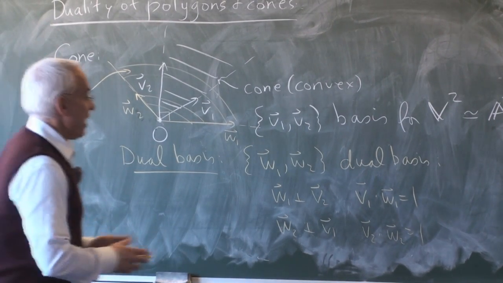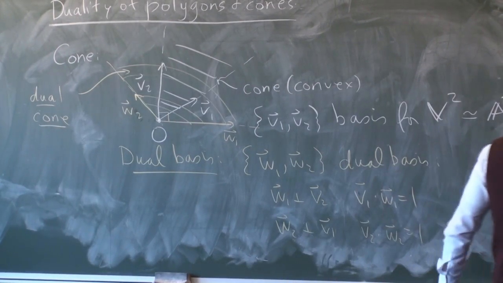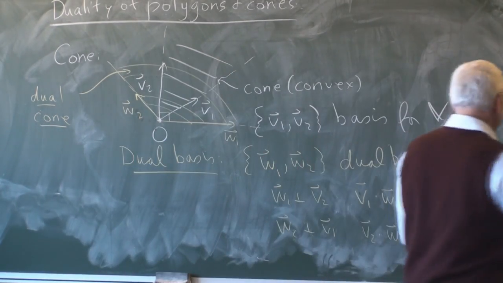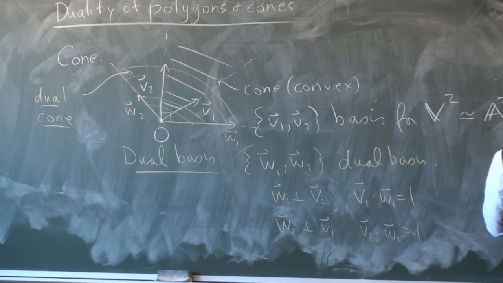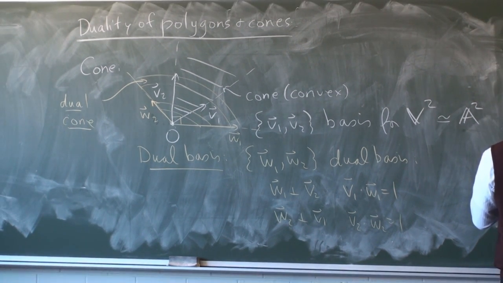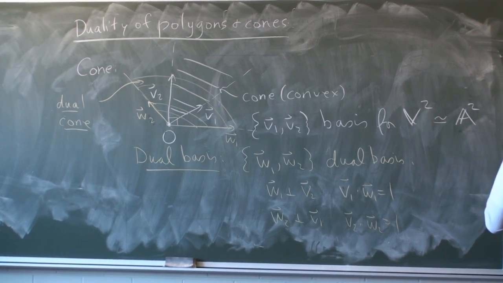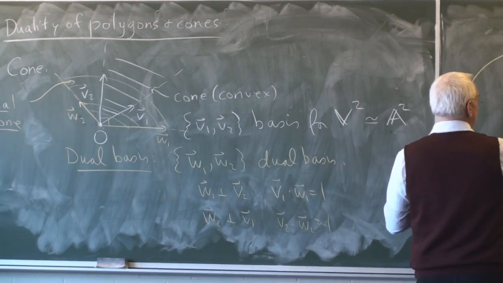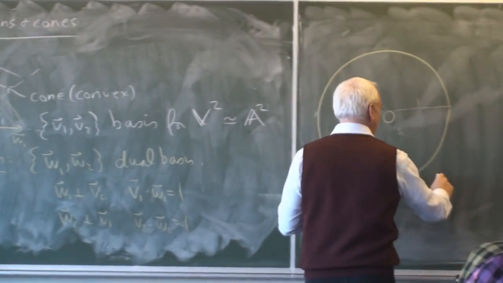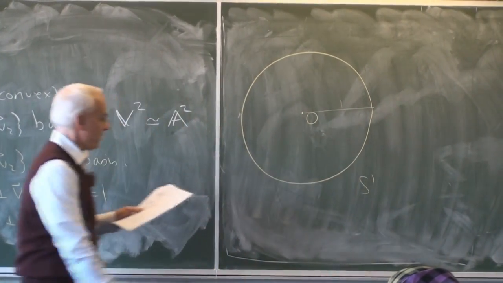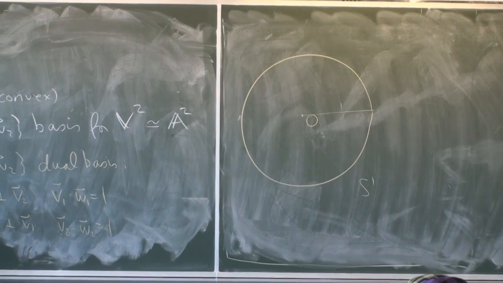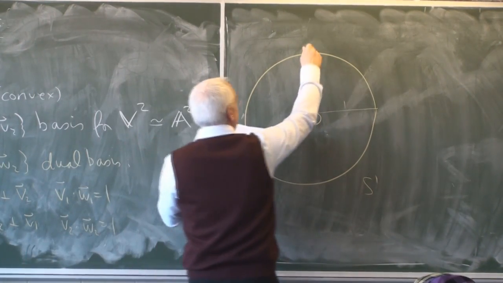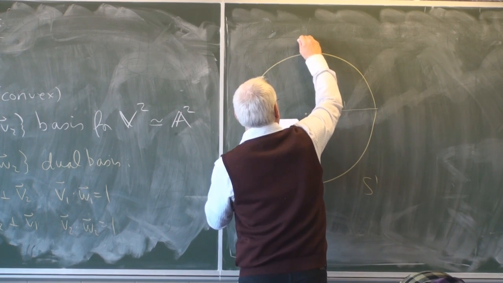Okay, so now let's suppose that we have a polygon. And I'm going to draw it in a particular way. So first of all, there's going to be the origin. And I'm going to draw a unit circle. That's a unit circle, or S1, in the plane. And my polygon is going to, in this case, look like something like this.